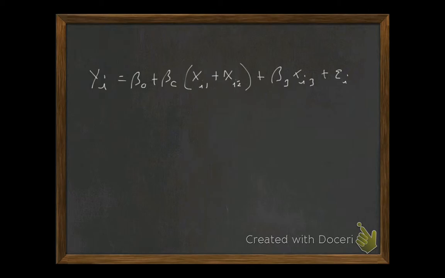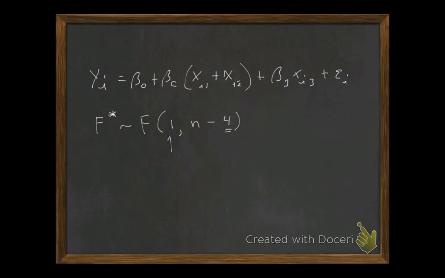Well, if we want to test this, we use F star, which follows the F distribution with degrees of freedom 1 and n minus 4, for obvious reasons in the 3 predictor model. That 4 comes from the fact that we have 3 predictors plus an estimate of beta 0.